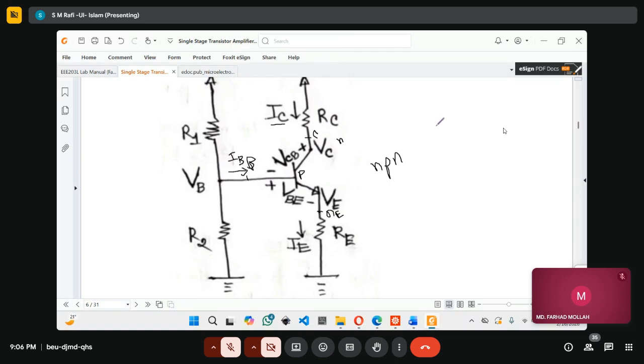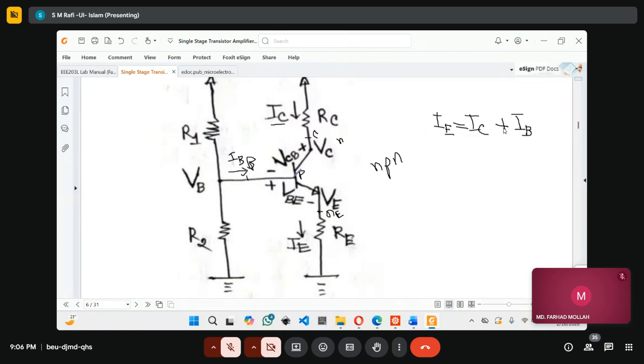From the O levels or A levels understanding, we know this relation, right? That IE equals IC plus IB. The emitter current is equal to collector current plus base current.